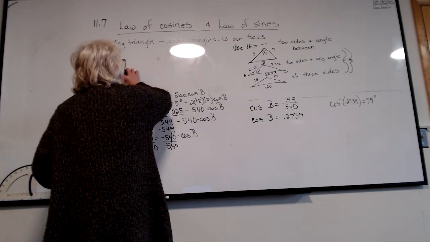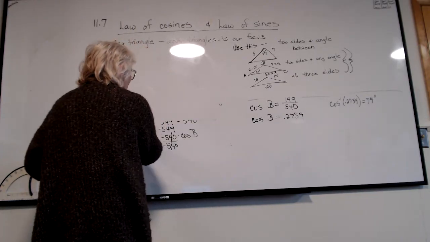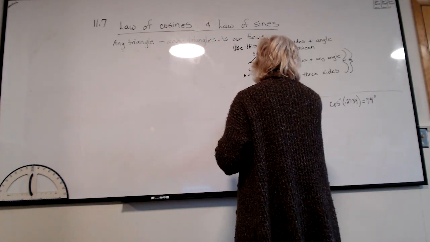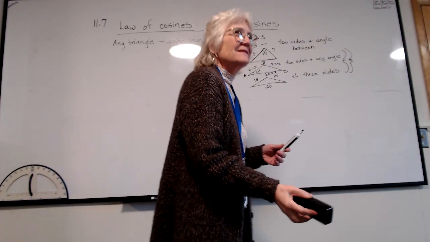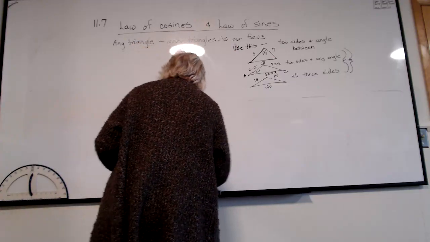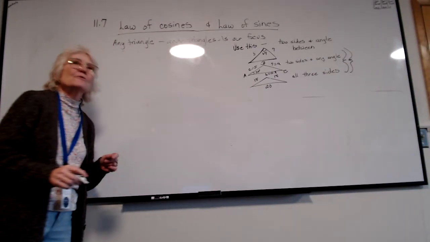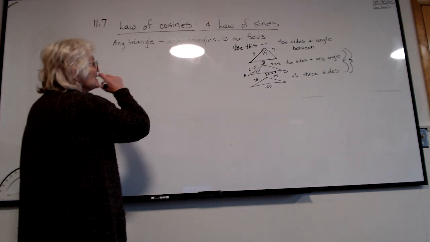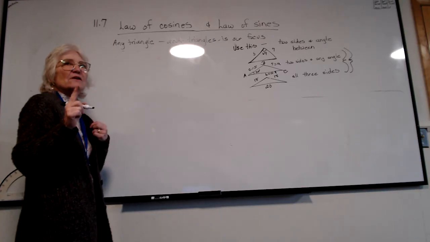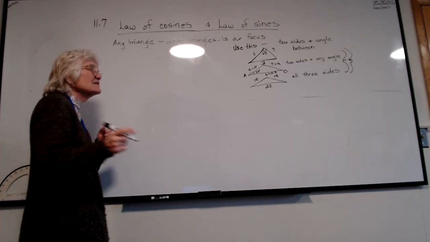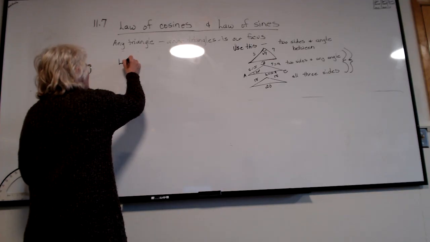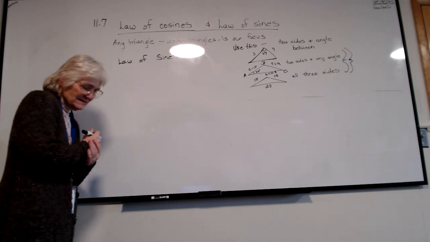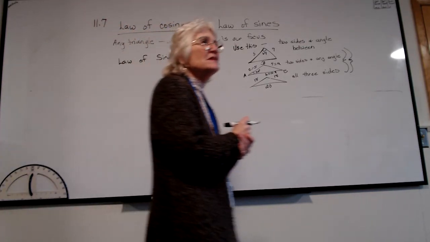We're going to go back and look at our original problem that we did all that long work with the quadratic formula and everything. We're going to do it with our law of sines. And this is the law of sines. It doesn't have 3 different things. It's one complete statement.